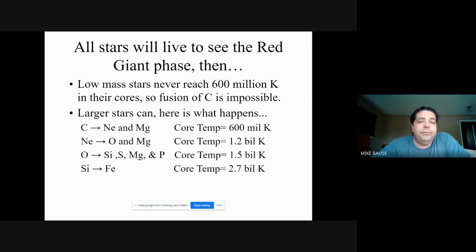If you are more comfortable with degrees Celsius, it is also 600 million degrees Celsius. There's only a difference of 273 between Kelvin and Celsius, so at 600 million, there's basically no difference. Just a fun fact for you.